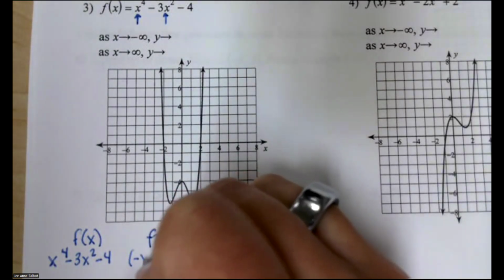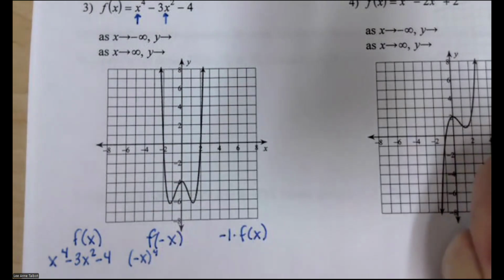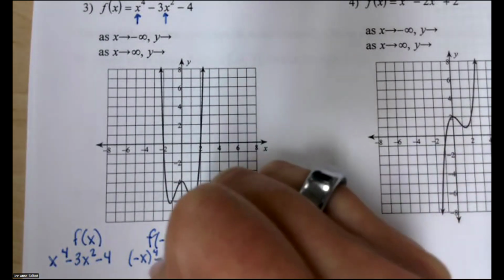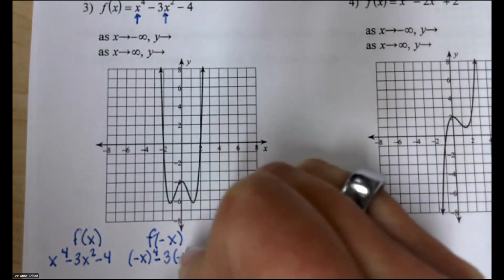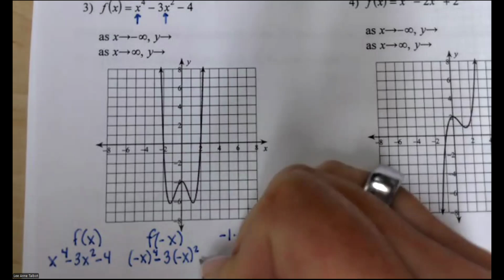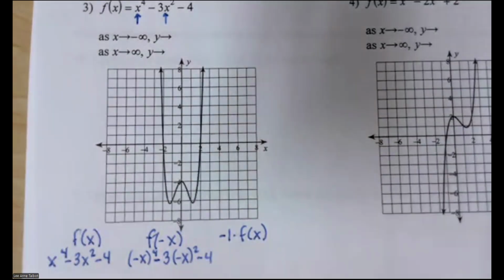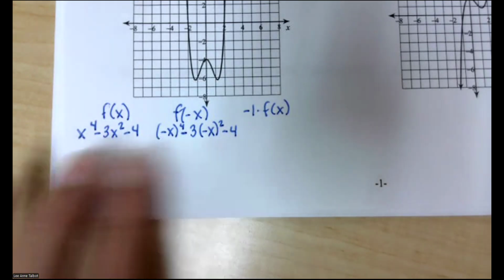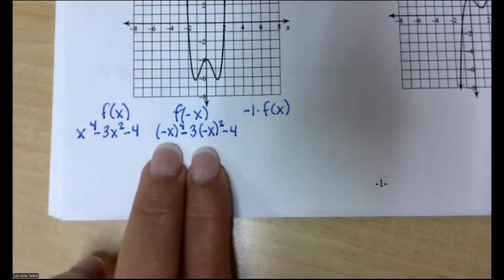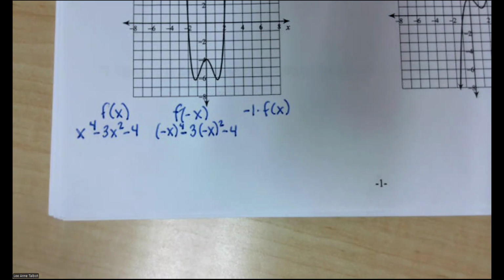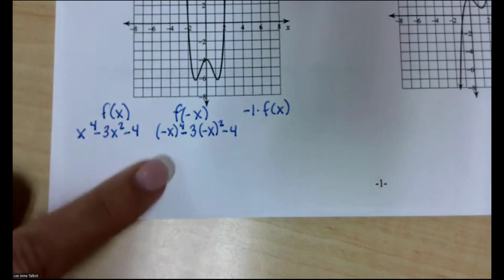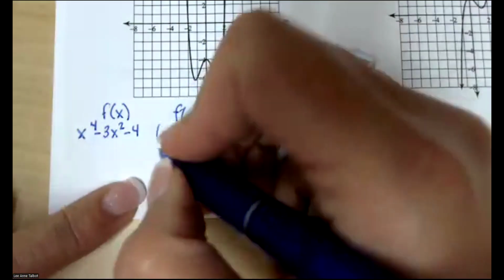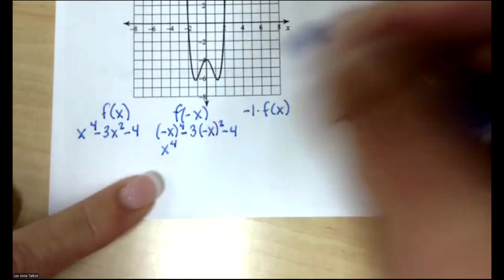So I have -x to the 4th minus 3 -x squared minus 4. So both of my x's in my original became -x's. And now I'm going to count negatives to see if they're negative or positive. So this one has 4 negatives, which makes it a positive.